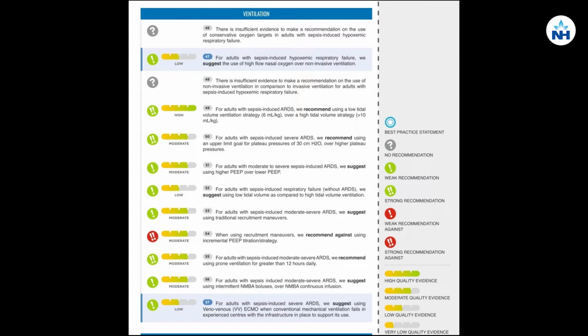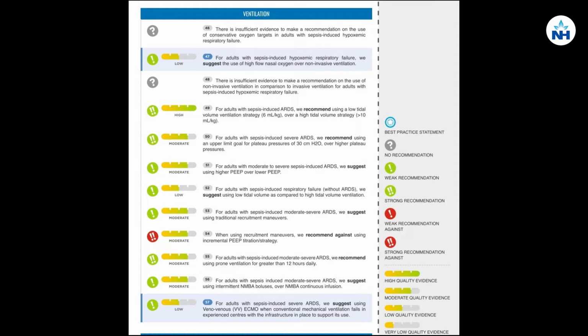This is the chart regarding the changes in 2016 and 2021. The first and last ones have been newly added for patients with sepsis-induced hypoxic respiratory failure.